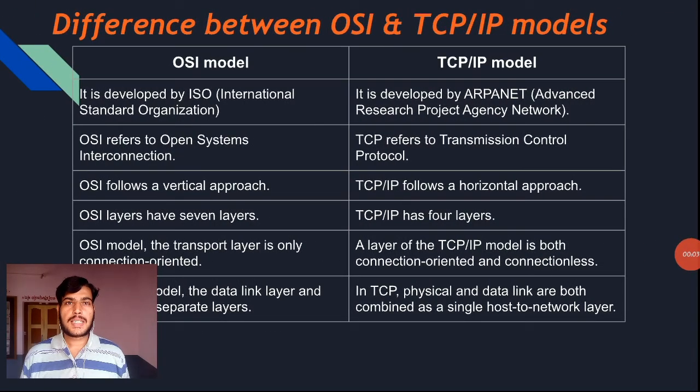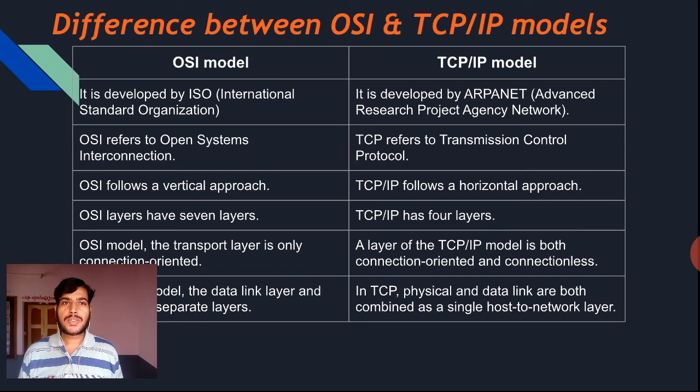Okay, now let us have a look at the major differences between the OSI reference model and the TCP/IP model. The first major difference is based on development. The OSI model was developed by ISO, which stands for International Standards Organization, whereas the TCP/IP model was developed by ARPANET, the Advanced Research Projects Agency Network.